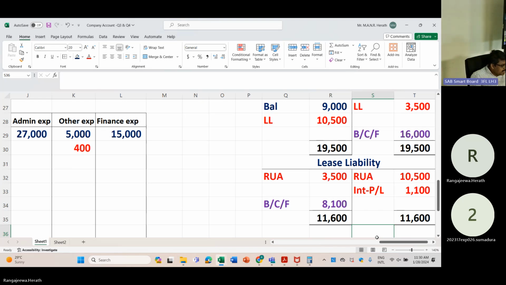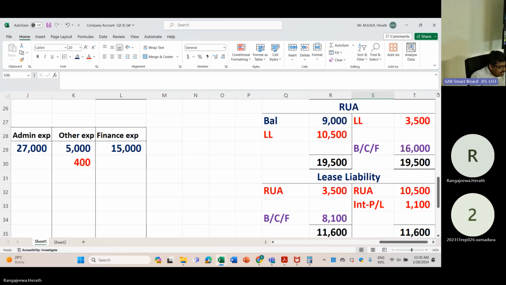When you enter into a lease agreement, correct double entry, value of the lease liability account credit, right of use is a debit. They have not passed that double entry. They have just done the down payment 5,500 debited to the right of use, that is correct. And the installment, first installment paid, that also credit cash and debit right of use. That is wrong.